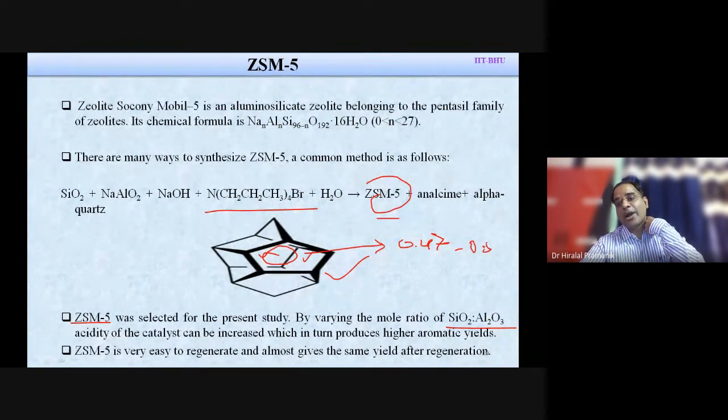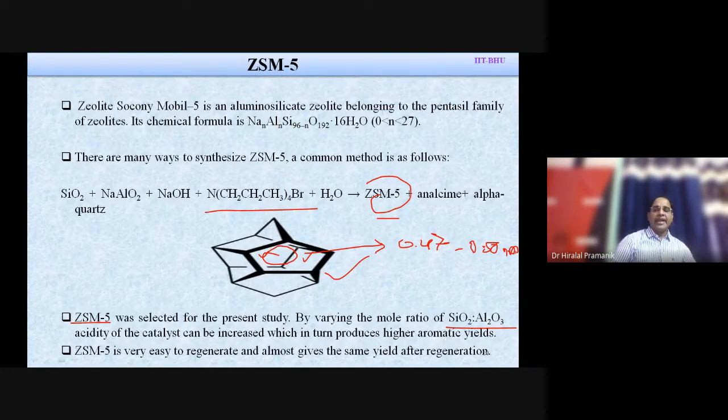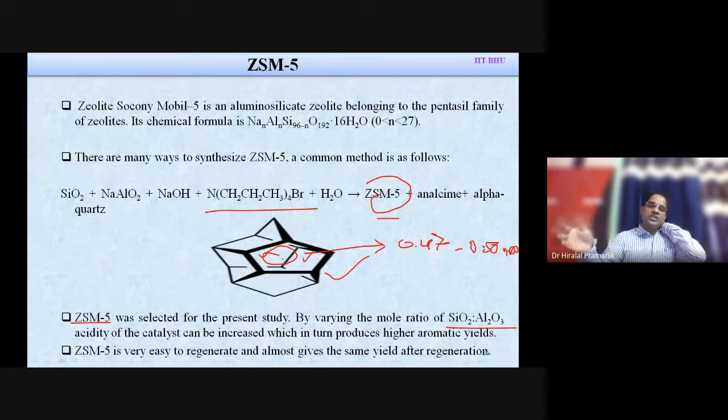I hope you understand. 0.6 nanometer. These are very fine micropores, so it is known as molecular shape selectivity. Only the molecules which are smaller than the size of the pore will enter and react, right? So if you know the size of the pore and the size of the molecule, you can control which molecule will enter.